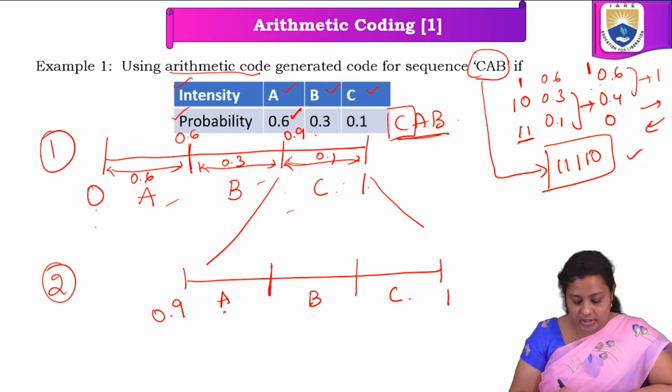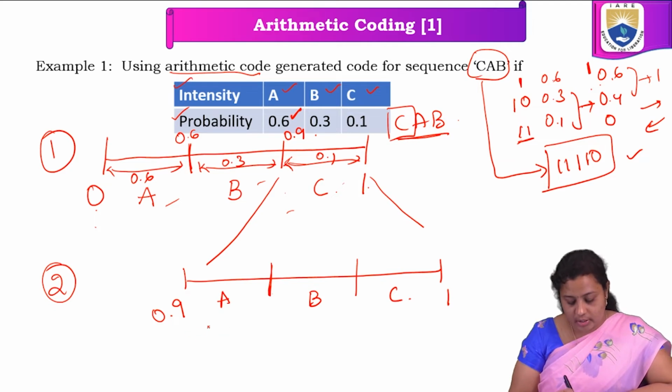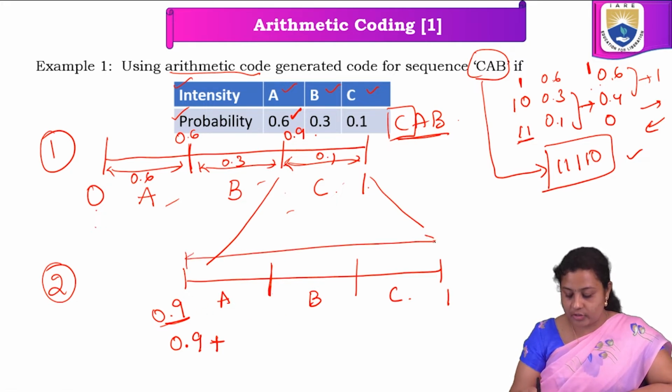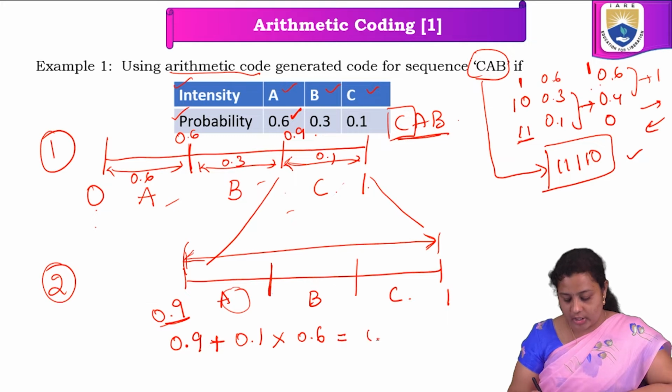We have discussed in the previous slide that it is given by the value 0.9, because that is the starting one, plus the length of this subgroup, which is 0.1, into the probability of A, which is 0.6. That value we get is 0.96.